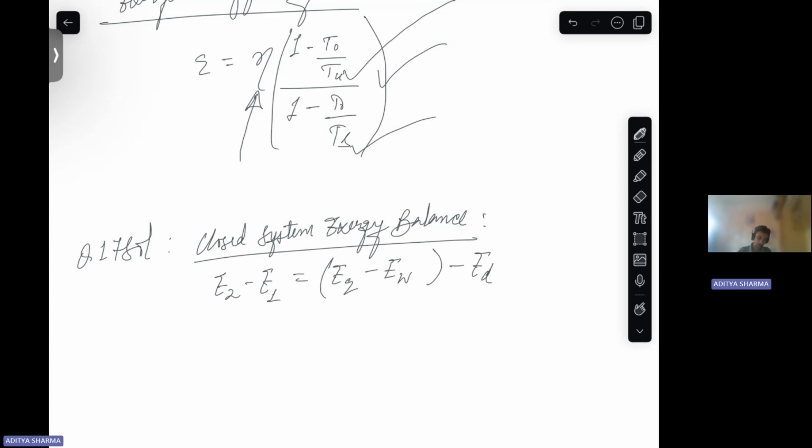E subscript Q is for heat transfer, that is leading to exergy transfer. E subscript W is for work transfer, right? That is leading to exergy transfer. And E subscript D is for exergy destruction.